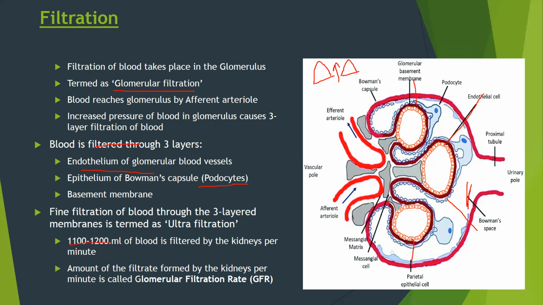Nearly 1100 to 1200 ml of blood is filtered by the kidney per minute. The amount of filtrate formed by the kidney per minute is regulated by the glomerular filtration rate, GFR.